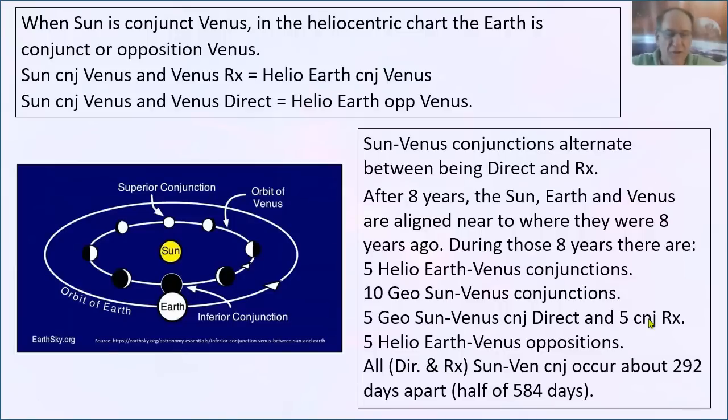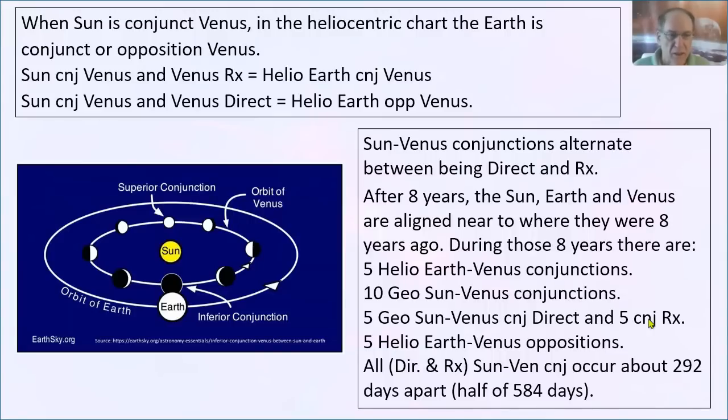So just bottom line, I know this is a lot of stuff. Maybe I'm making it sound more complicated than it is. But all I'm saying is that if somebody says Sun is conjunct Venus 5 times in 8 years, no, it's 10 times. Sun is conjunct Venus 10 times in 8 years. 5 of them are direct and 5 are retrograde. That's the main thing I'm trying to get across here.